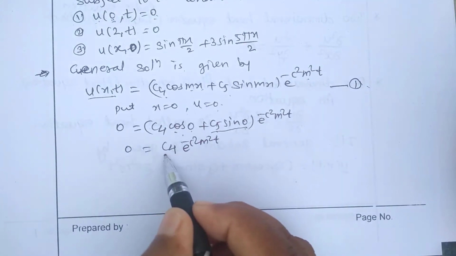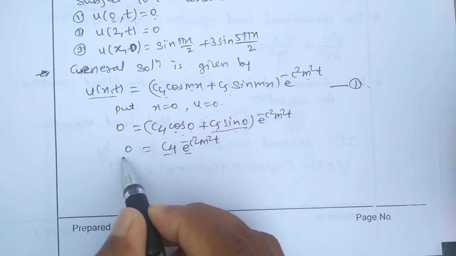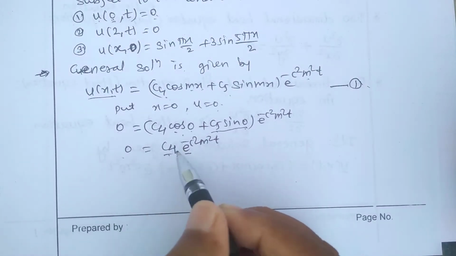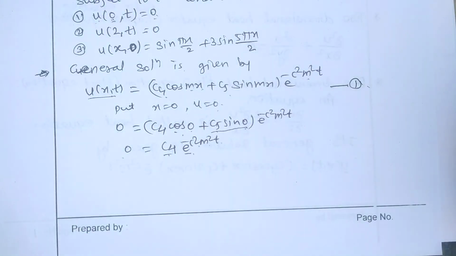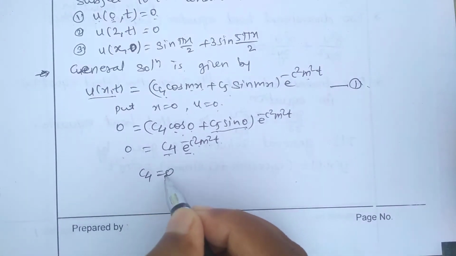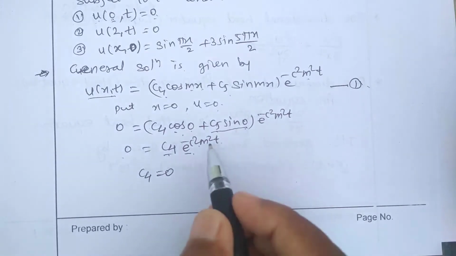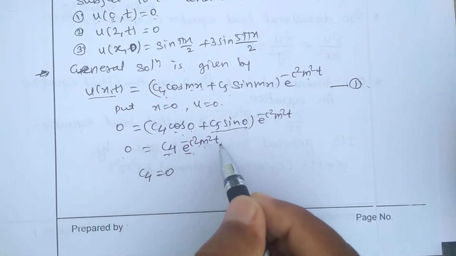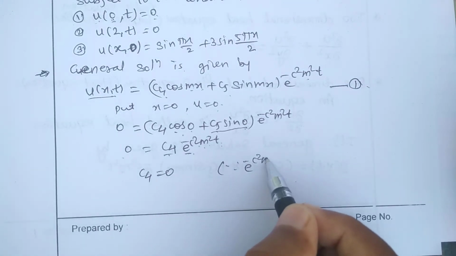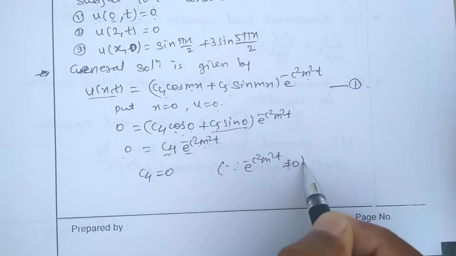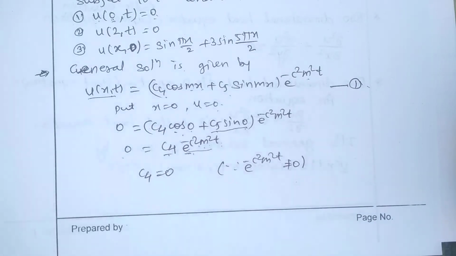Now the multiplication of two terms is equal to 0. That means either c4 is 0 or e^(-c²m²t) is equal to 0. So here we are going to take c4 equals 0. Why? Because e^(-c²m²t) is not equal to 0. Why is this term not equal to 0?